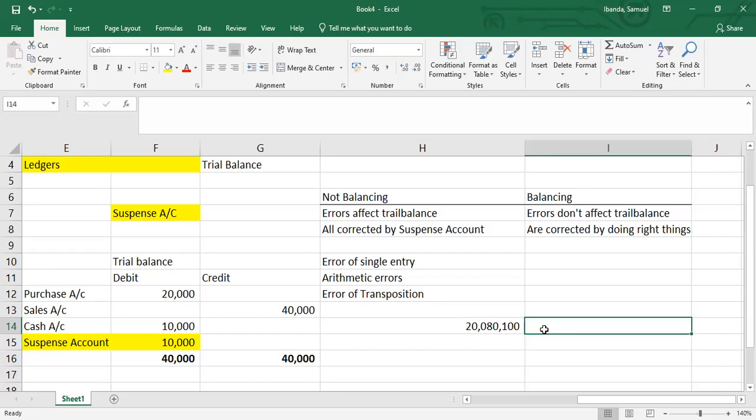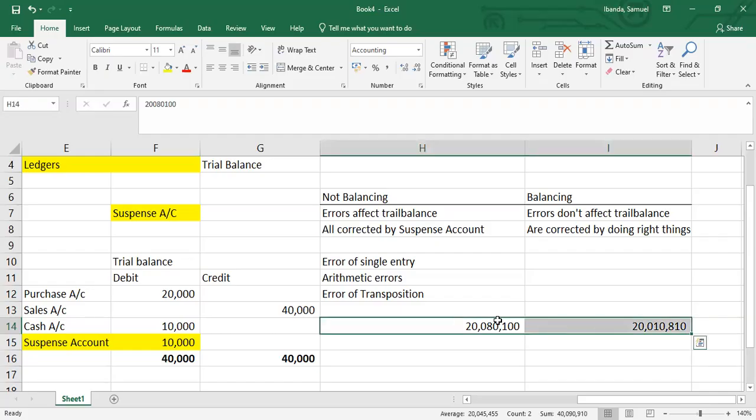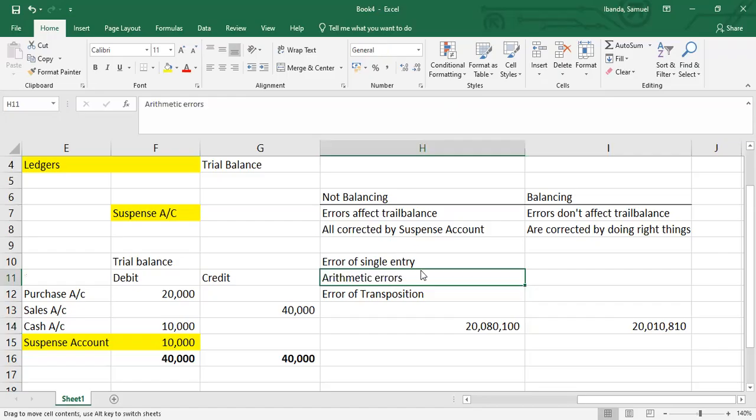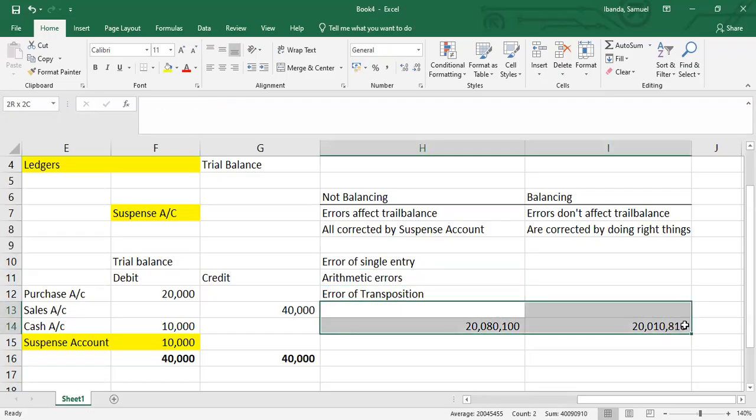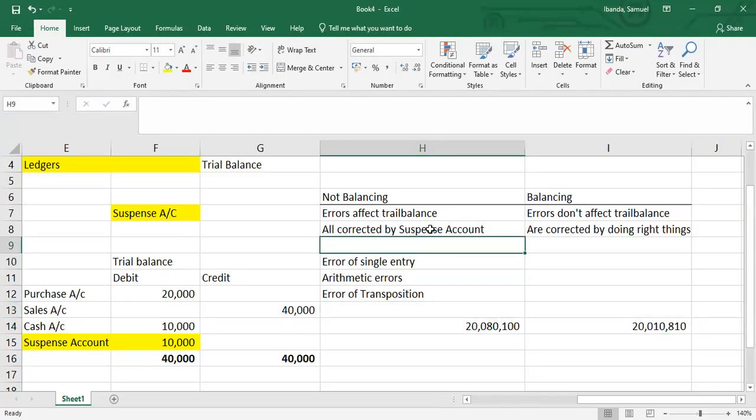So instead of doing this, you might find yourself having a figure like this. So basically you've transposed some figures, okay? So any kind of error around here would most likely make our trial balance not balance. And like I said, once such an error is made, it is corrected by a suspense account.